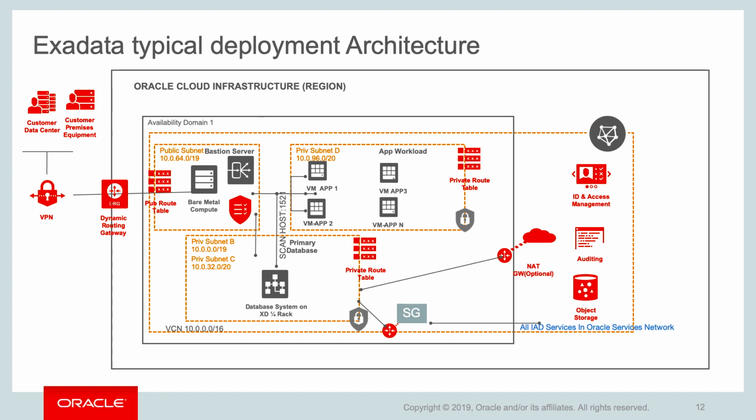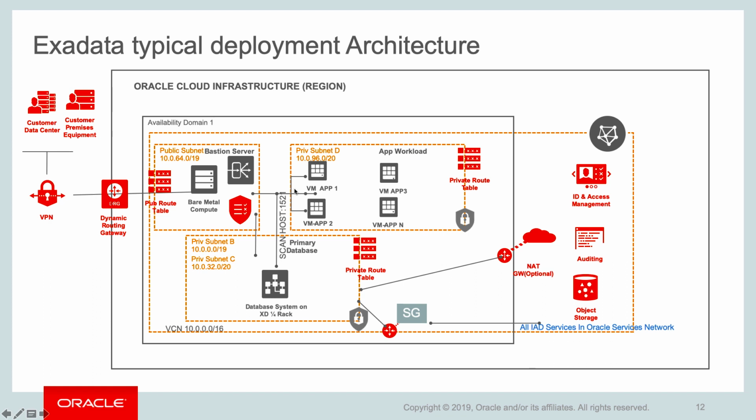So as a best practice, I have also kept a Bastion host here, and this will allow you to connect to internal private subnet resources securely over internet. In a production kind of deployment, you will generally have either IPsec VPN or a FastConnect kind of connectivity from your data center to Oracle Cloud Infrastructure, and the connection goes through DRG, which is Dynamic Routing Gateway.